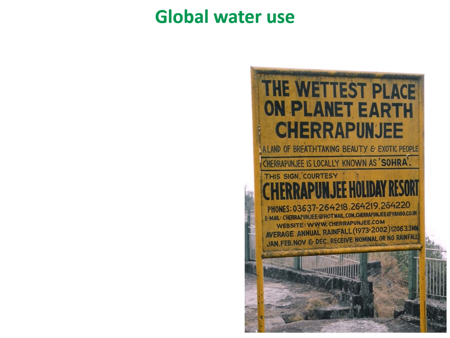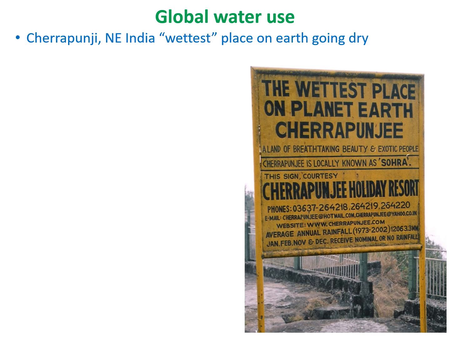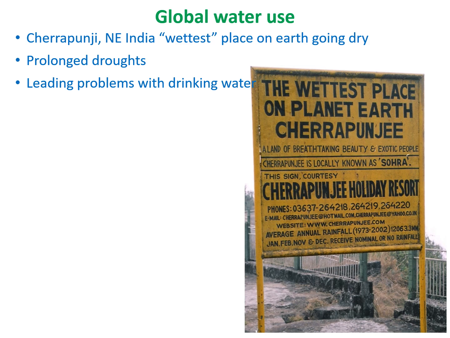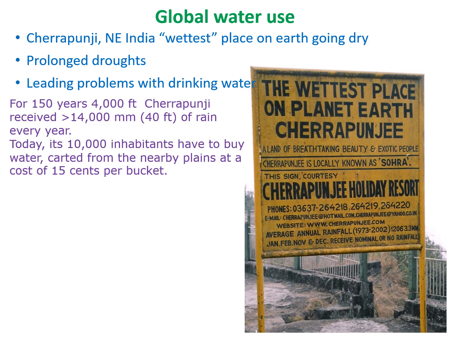So another example at global scale water use, right? Cherrapunji is a town located in northeastern India. It was considered among the wettest places on the earth, but today it's actually going dry. The reason is that this area, which historically received over 1400 millimeters of rain, is now receiving far less.